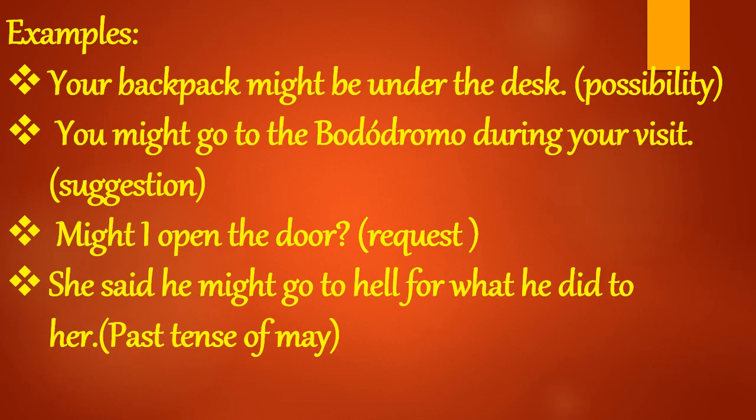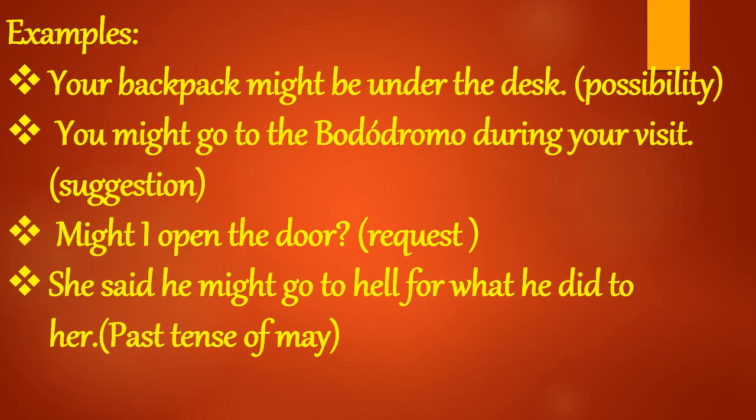Here are some examples. It is used to express possibility. Your backpack might be under the desk. So there is a possibility of this. Next example, you might go to the Bodo Roma during your visit.